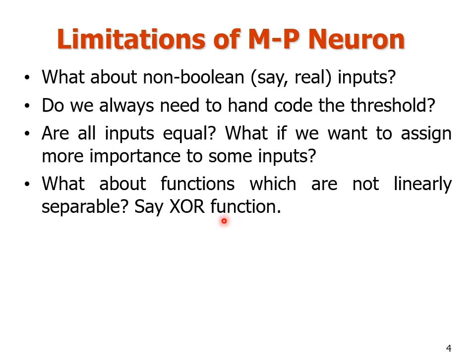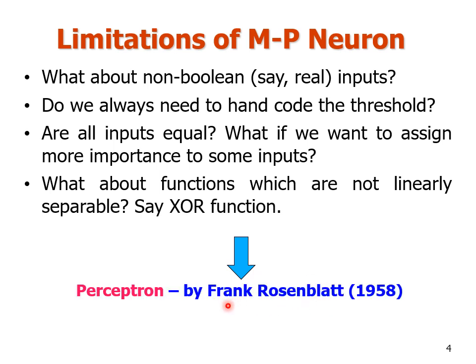To address these questions or to overcome these limitations of the MP neuron, Frank Rosenblatt, an American psychologist, proposed the classic Perceptron model, the mighty artificial neuron, and this was proposed in 1958.